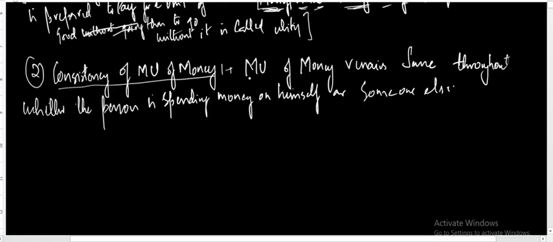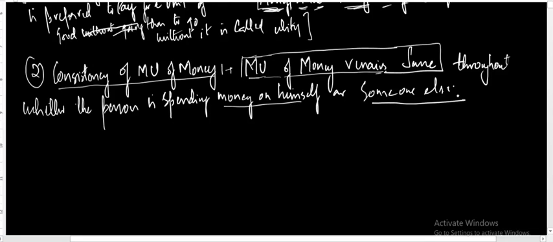Now, what does this concept of consistency of marginal utility of money mean? One important sentence is this: the marginal utility of money remains the same whether the person is spending money on himself or someone else. So the utility has to be the same whether you are paying the money for yourself or for your friend.